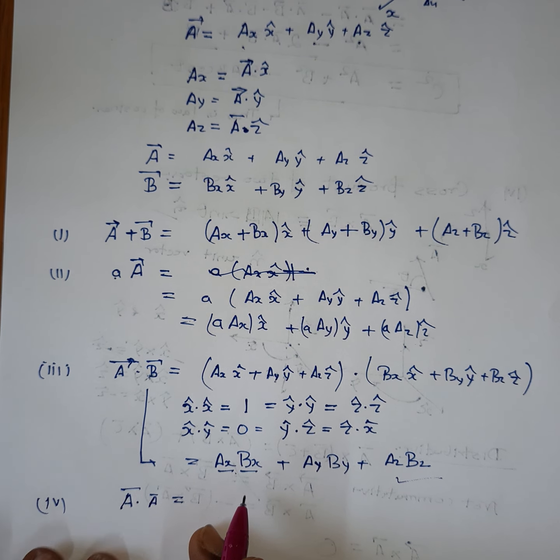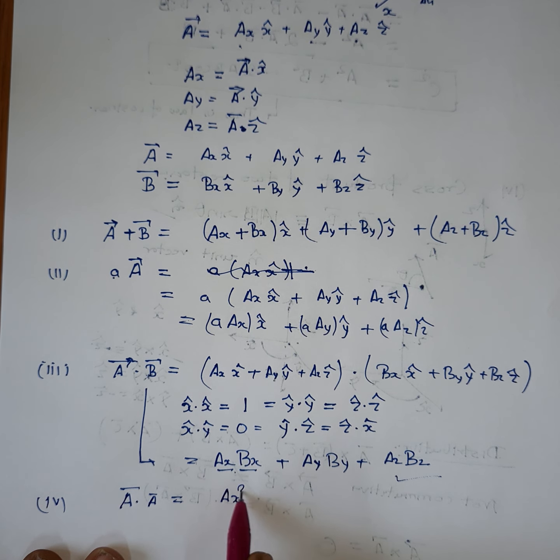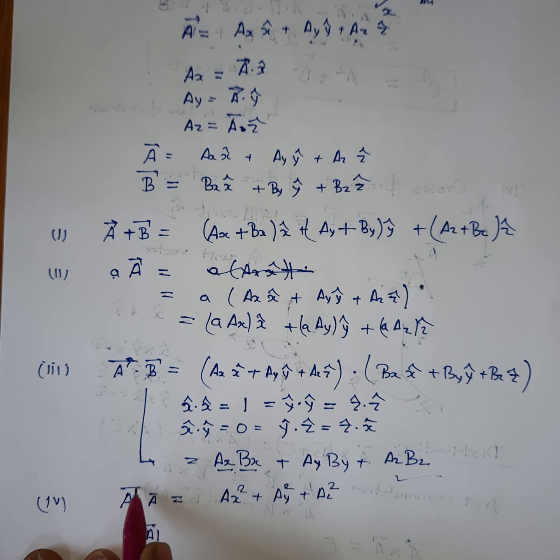So if you multiply a vector with a vector, using this relation, you can write ax square plus ay square plus az square. So the magnitude of a vector can be written as the square root of ax square, ay square, az square.